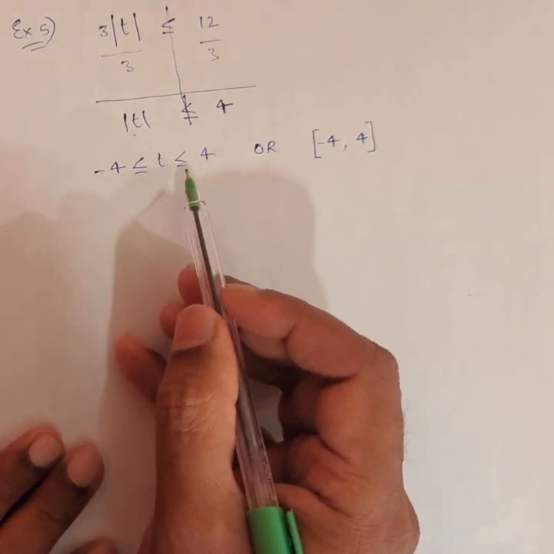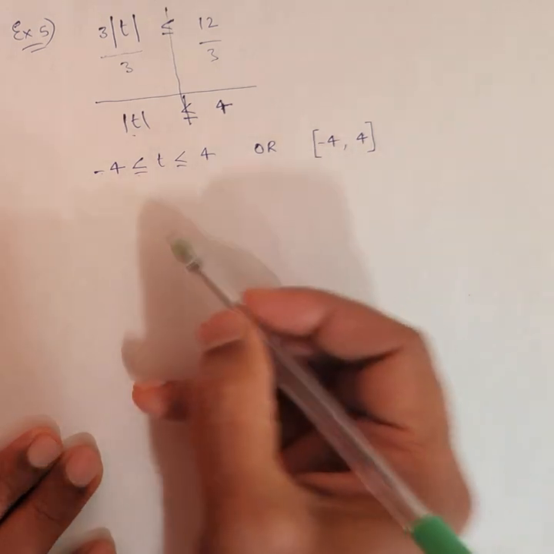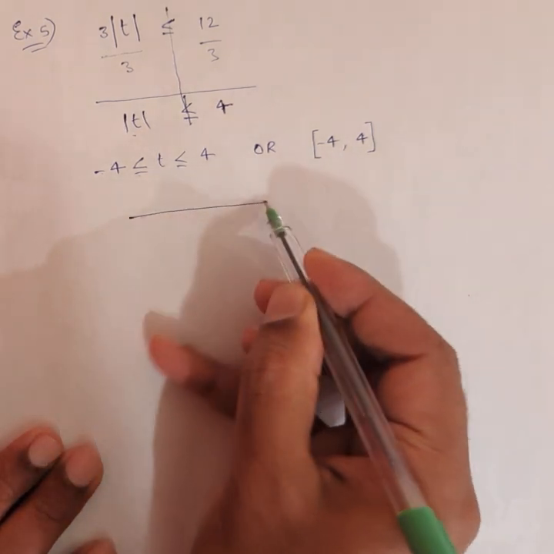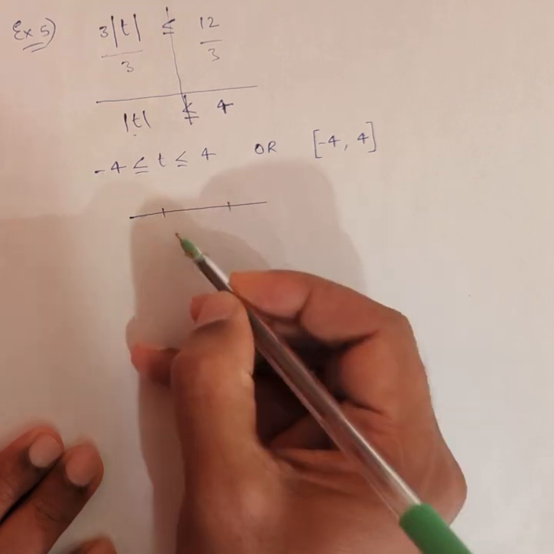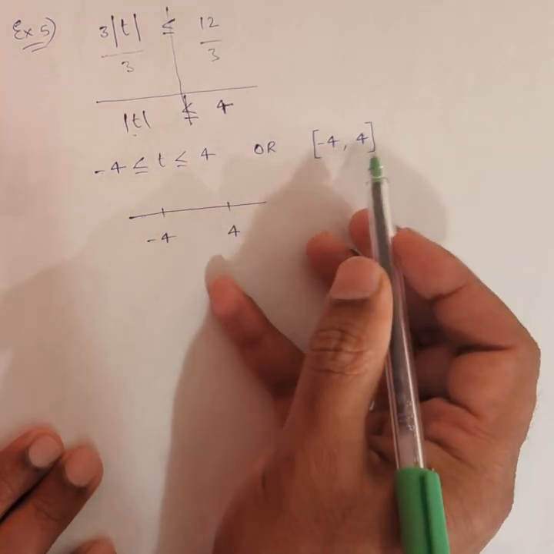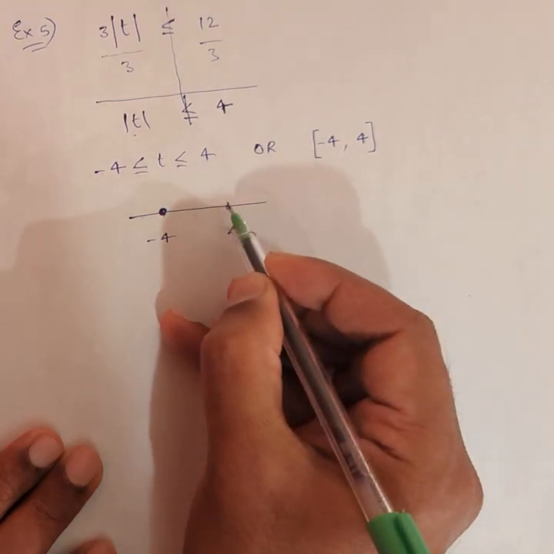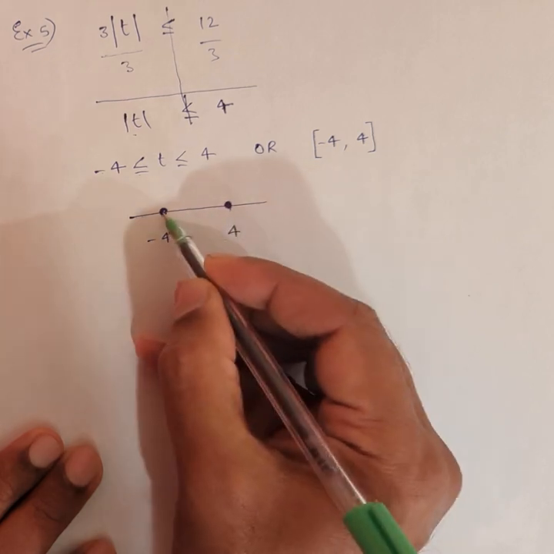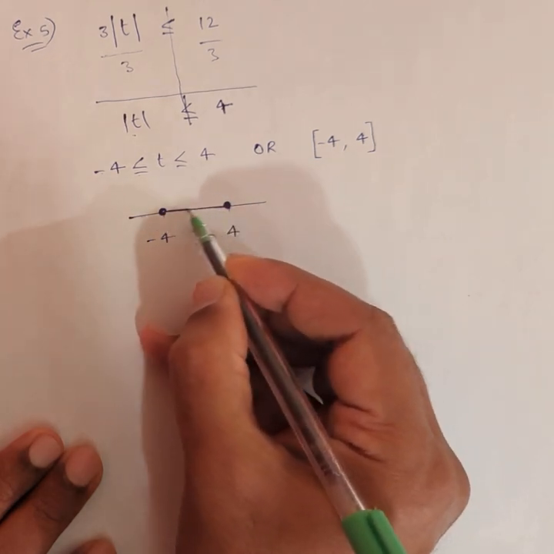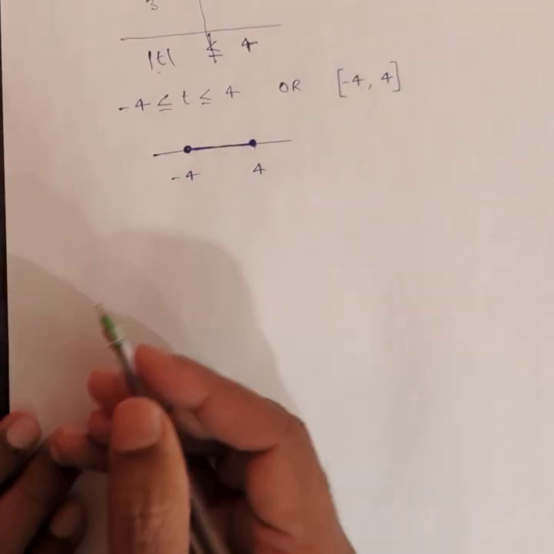Since we are including the boundaries, this is going to be a closed interval. So we are using the brackets. And finally, I want to show you the graph. It's between negative 4 and positive 4. And since the boundaries are included, your boundaries are going to be solid circles. So that's what you have.